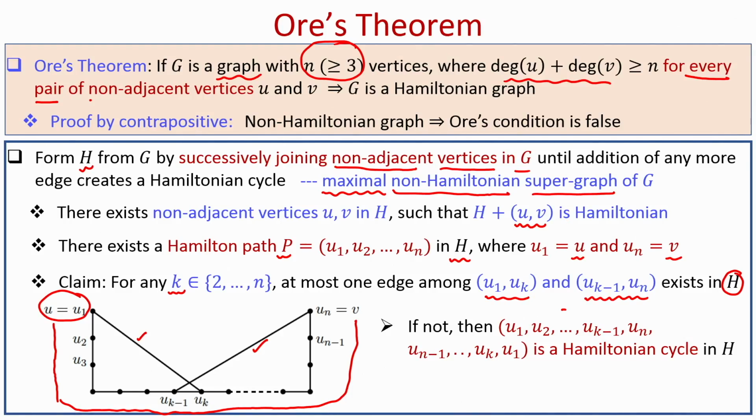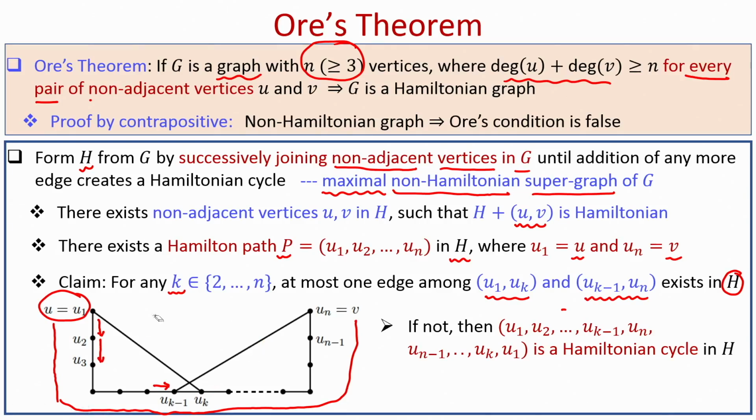So, how can I extract out a Hamiltonian circuit? It will be just like doing a crossover. My extracted Hamiltonian circuit will be that you go from u1 to u2, from u2 to u3, all the way to uk-1 as per the Hamiltonian path, but in the Hamiltonian path after uk-1 you have traversed to uk.